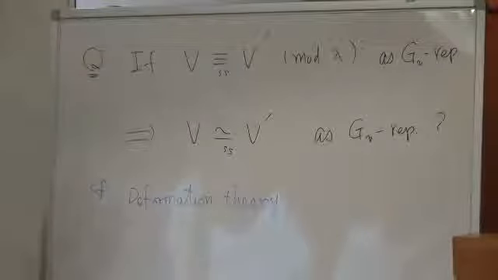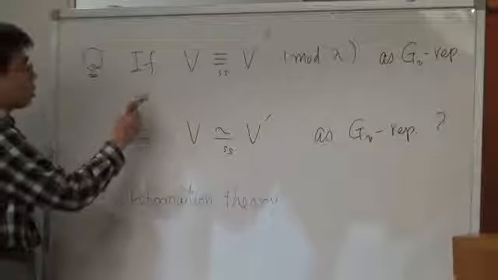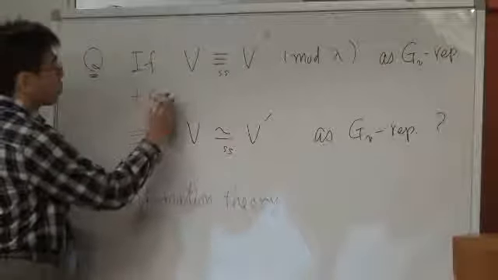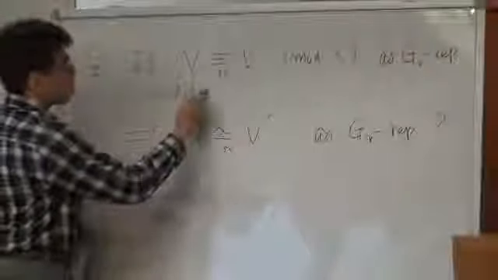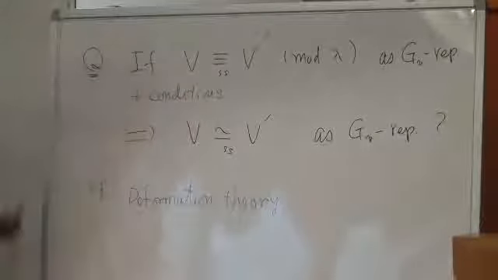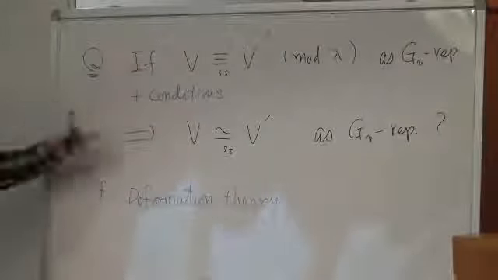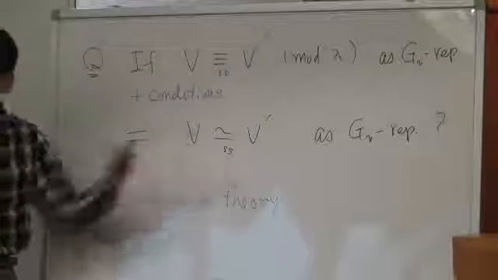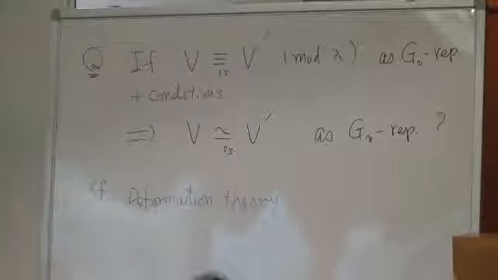So the natural question is to impose some other conditions so that the original representations are isomorphic.